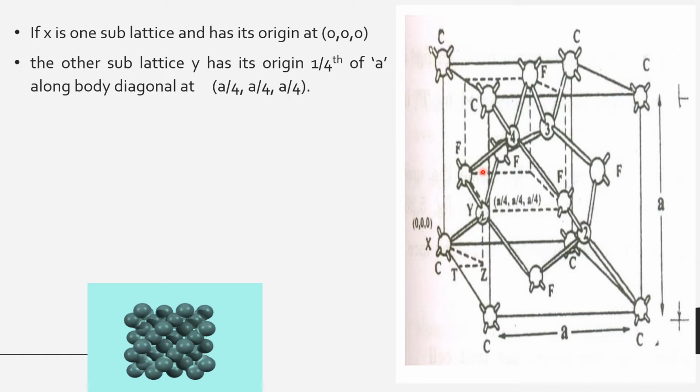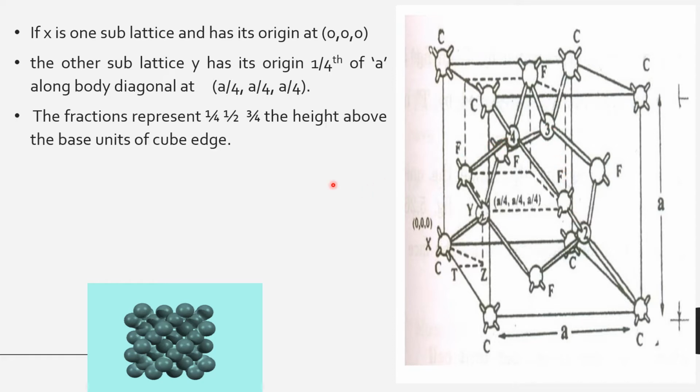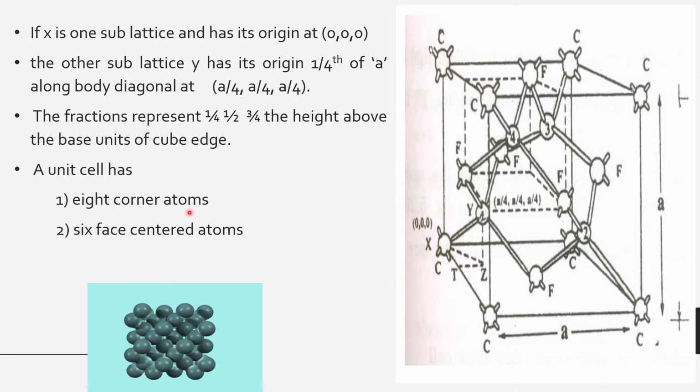And also there are 4 body atoms, shown by the numbers 1, 2, 3 and 4. So a unit cell has 8 corner atoms, 6 face-centered atoms and 4 atoms located inside.